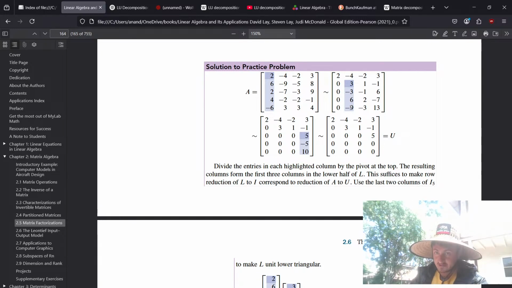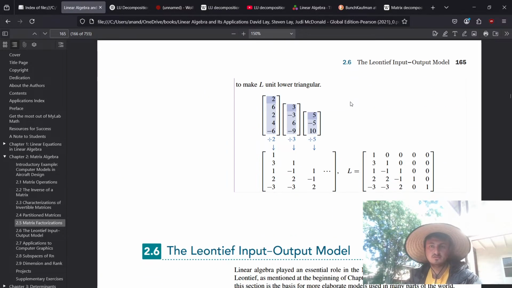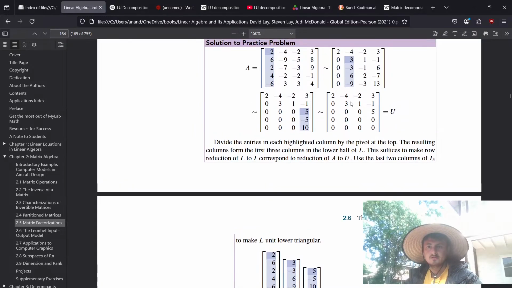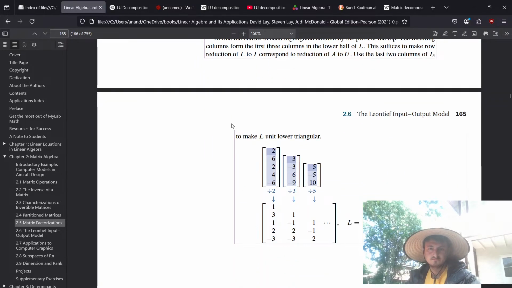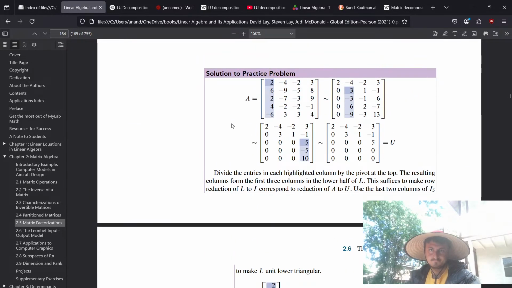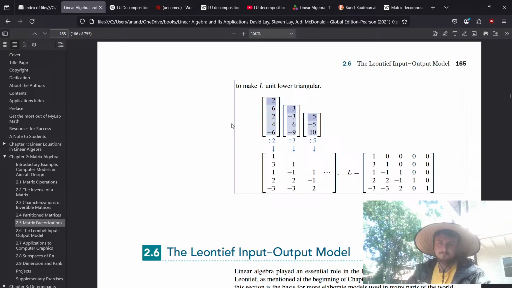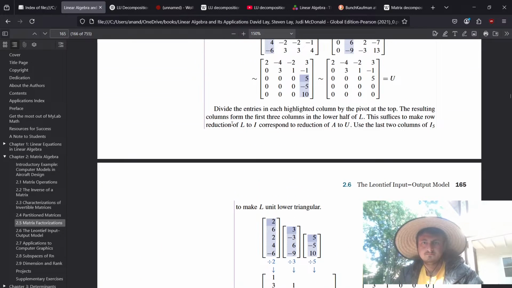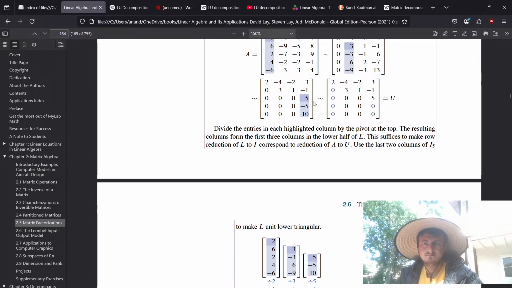Wow, this is so much work. Holy cow. Okay, but we should just keep doing it because otherwise I'm not going to know what the hell is going on.